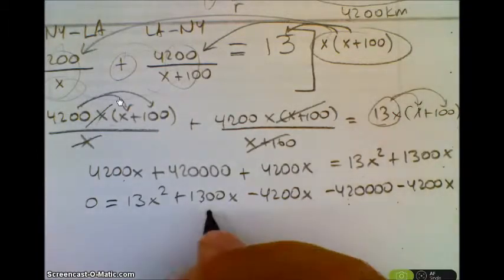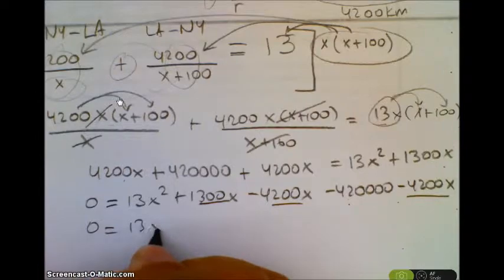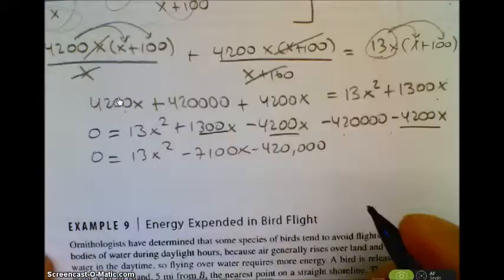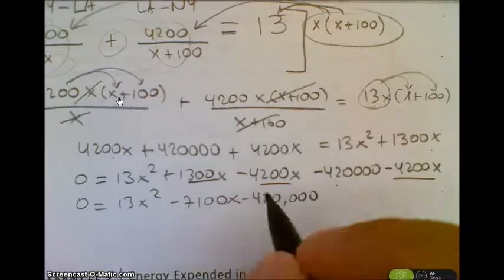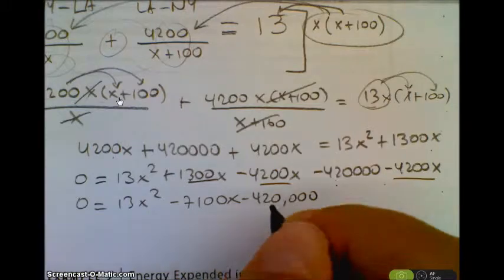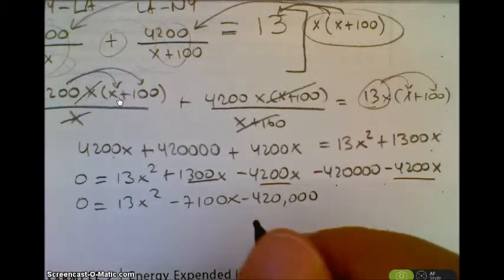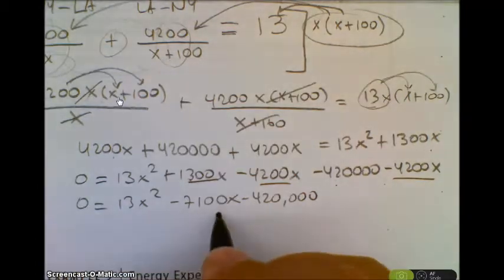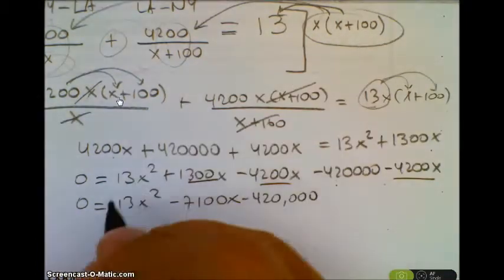So now I just have to combine like terms. When I combine like terms, I have minus 7100x and minus 420,000. I don't think 13 goes into either one of these numbers, so I am just left with the quadratic formula.